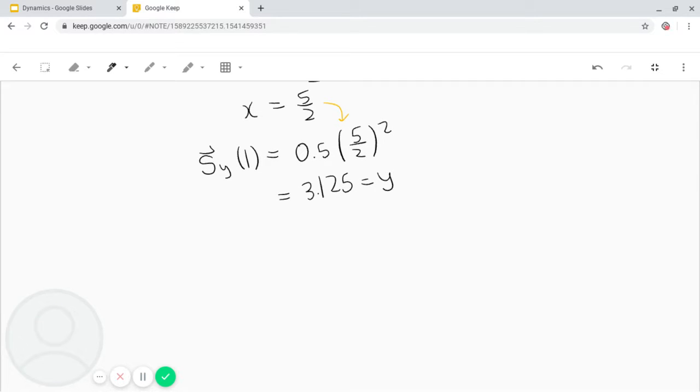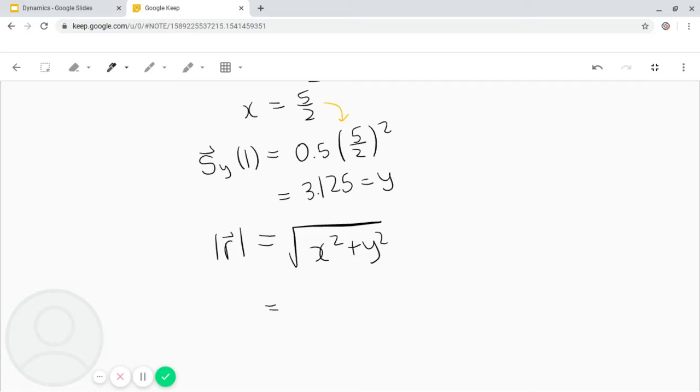Then, to get our overall position, which we can call r, without any direction, all we have to do is add the square of x plus the square of y and square root it all.